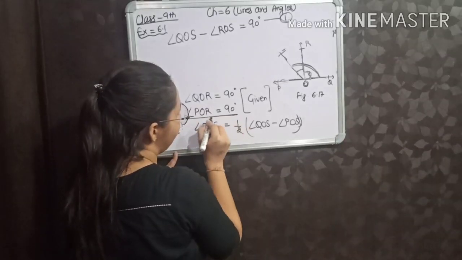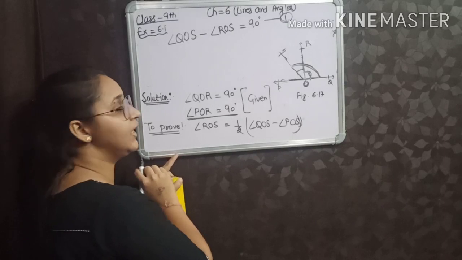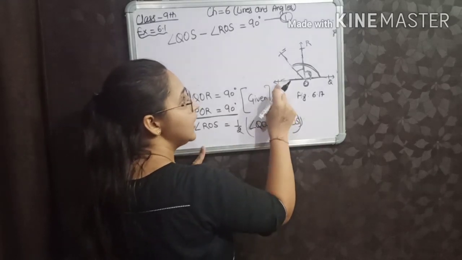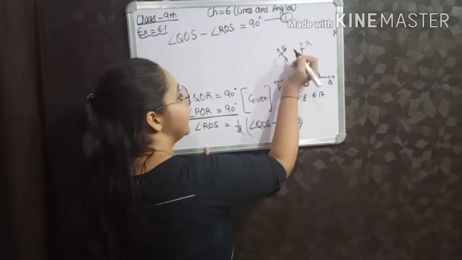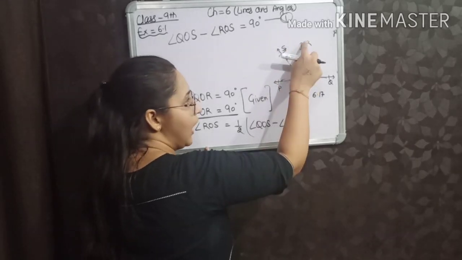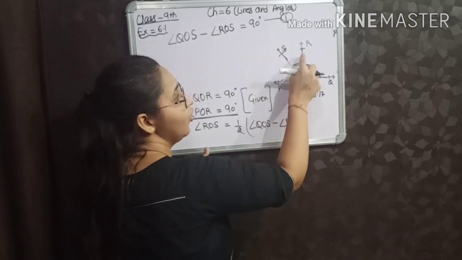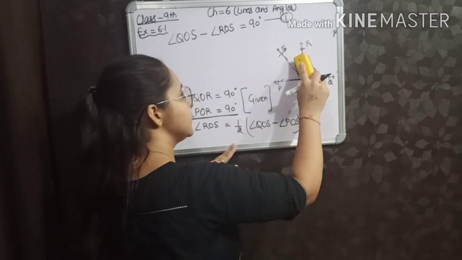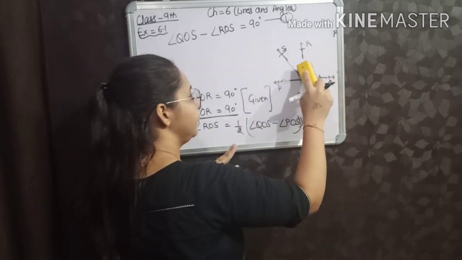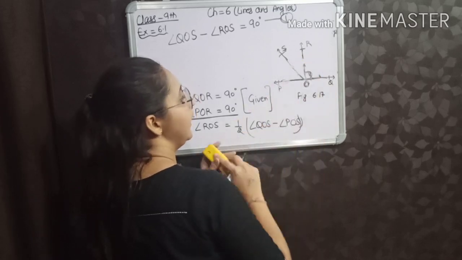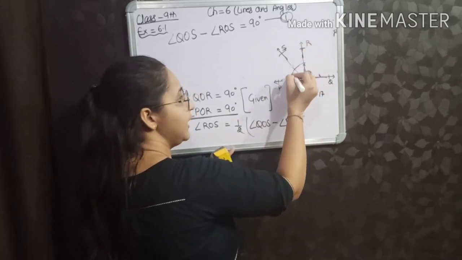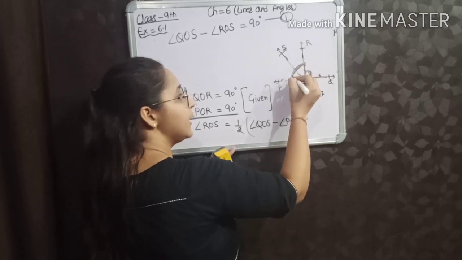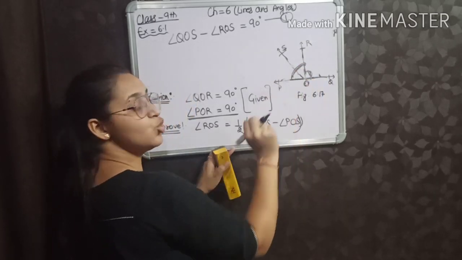Now come to this point. Angle POR is equal to 90 degrees. Where is angle POR? I am rubbing this part now. This complete angle is made up of these two angles.